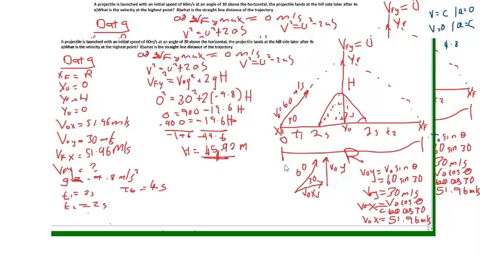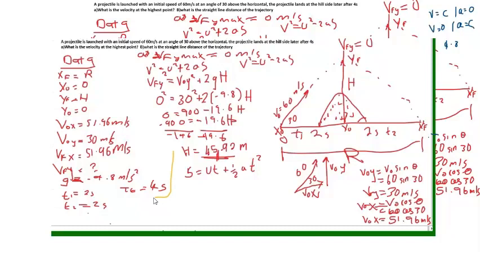But you have to calculate for the range as well, because these are straight line distances. This is the straight line and this is the straight line. So calculate for this and also for this. To calculate this, we use the formula s, which is displacement, is equal to initial velocity times t plus half a t squared. Let me use a different color.